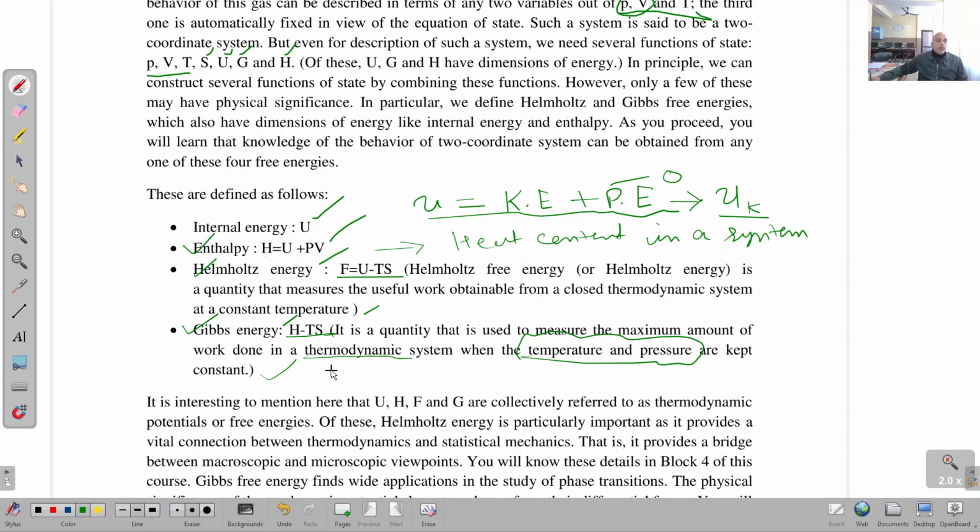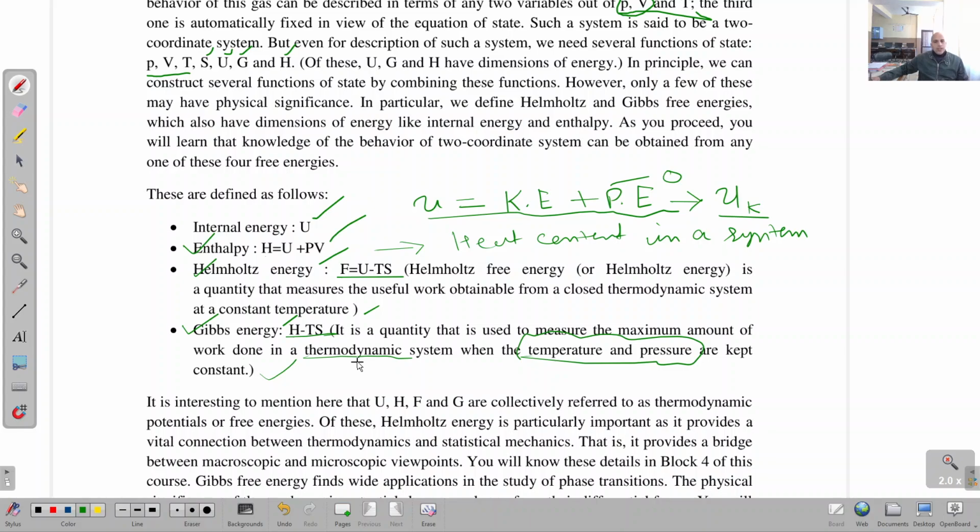So these are the four important thermodynamic potentials which are very important for making the complete description of the thermodynamic system. These thermodynamic potentials play the same role as potentials play in mechanics and in electrodynamics. You can say that these potentials are basically linked with the state of the system. They are responsible for any change in the thermodynamic system.